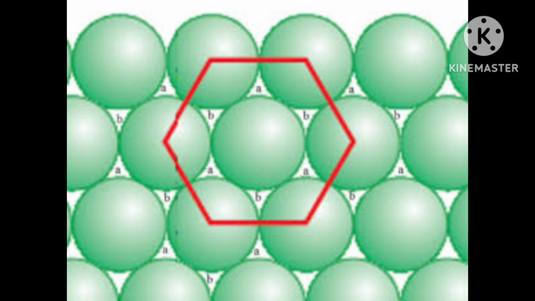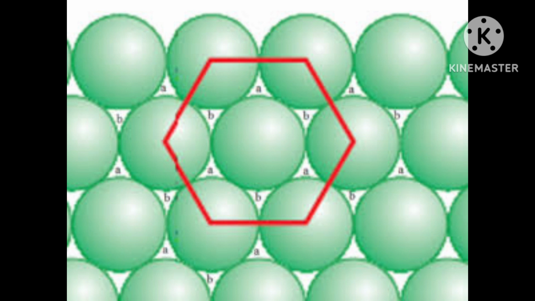First is three-dimensional close packing from a 2-dimensional square close packed layer, where you are getting one square, just now I told. Second is three-dimensional close packing from two-dimensional, but here you will get a hexagonal close packed layer.